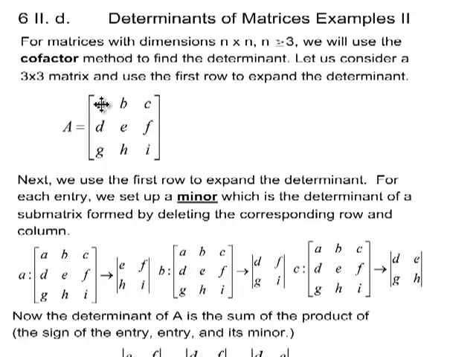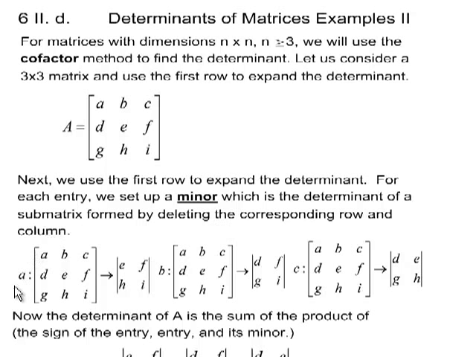The way to do it is, say the first row, you have entries A, B, C. Each entry will be associated with a term called minor. A minor is the determinant of a submatrix formed by deleting, that means taking away, the corresponding row and column.